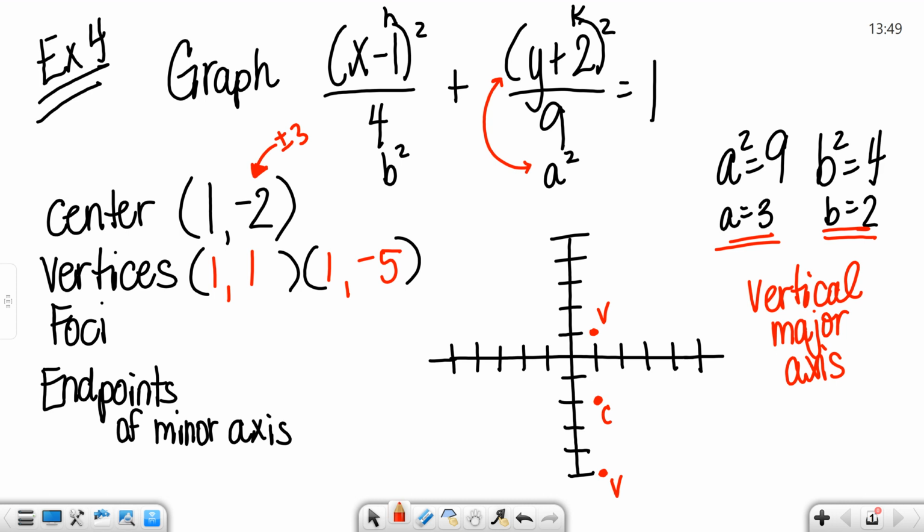So I count from my center 2 spaces to the right, 2 spaces to the left, and these are the endpoints of my minor axis. Now they don't actually have a letter that I put on the graph. So that ordered pair is (-1, -2) and (3, -2).